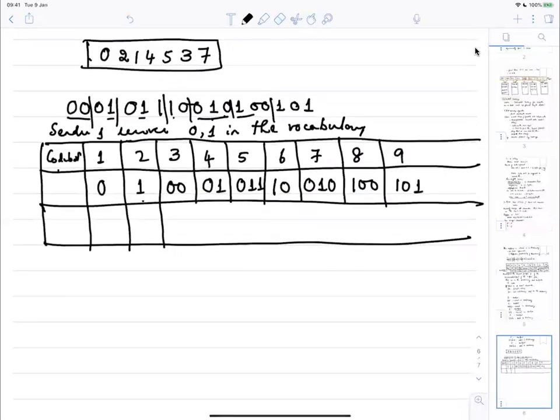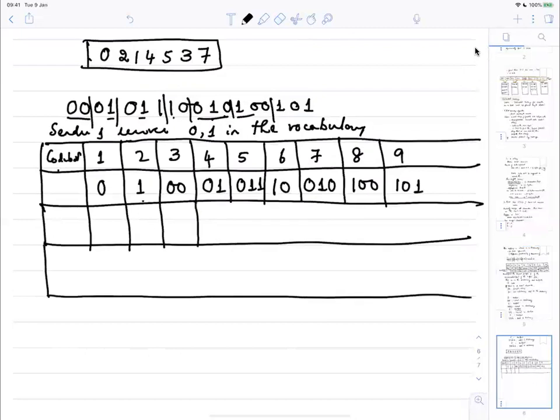We will see. So when we are sending it out, for example, we're going to send 0, 0. Now what is this? This is actually the symbol. If you look at the numeric representation of this, it will be something like this.